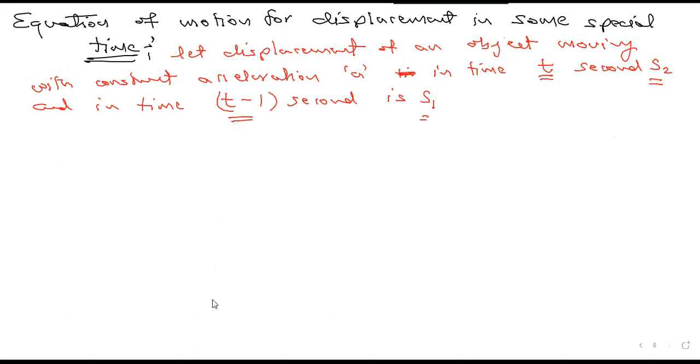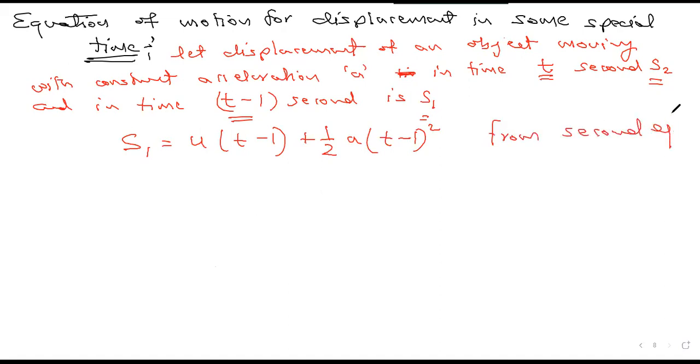अगर मैं s1 की इक्वेशन लिखता हूं, s1 equals u(t minus 1) plus 1 upon 2 a (t minus 1) whole square from second equation of motion. Got it? Is this clear to all?